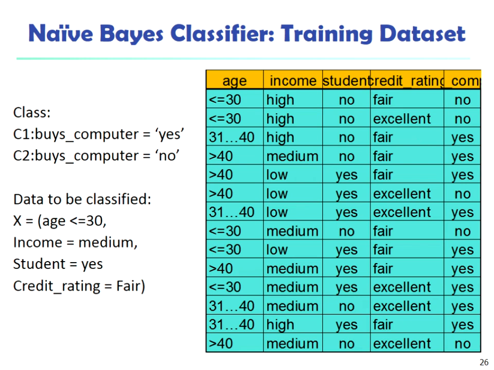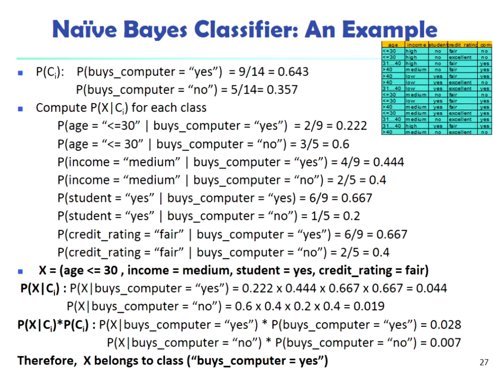We will use the naive Bayes classifier. The naive Bayes classifier uses probabilities to predict the class of X. So to classify X, we have to calculate the probability of buys computer equal yes, that means class number 1, and the probability of buys computer equal no. Why is the probability of buys computer equal yes 9 divided by 14?